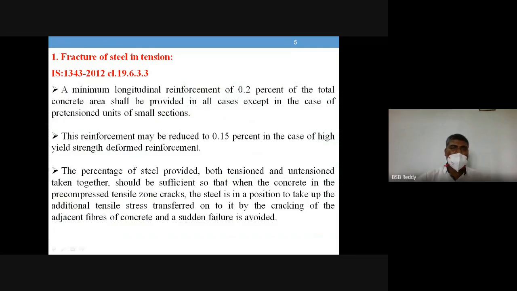So let us see. Minimum longitudinal reinforcement shall be 0.2% of the total concrete area, provided in all cases except in the case of pre-tensioned units of very small sections.